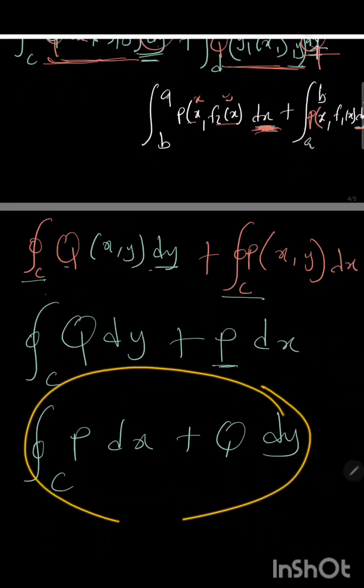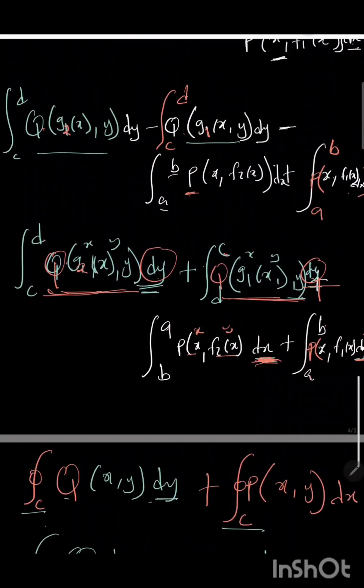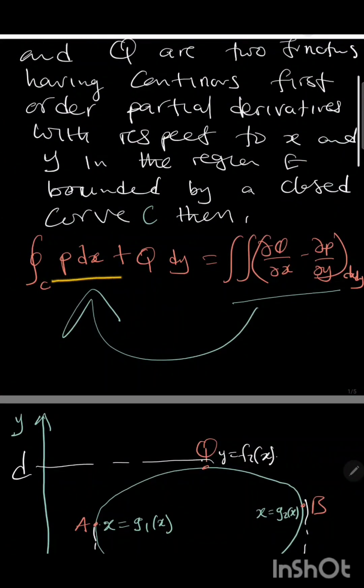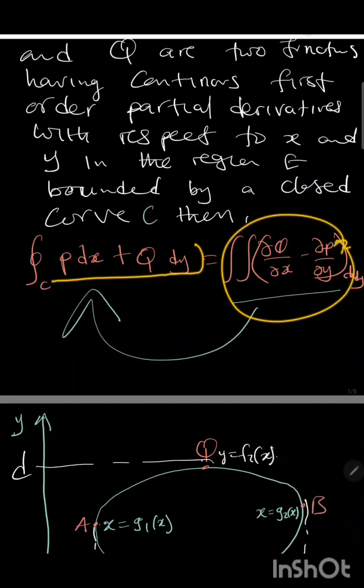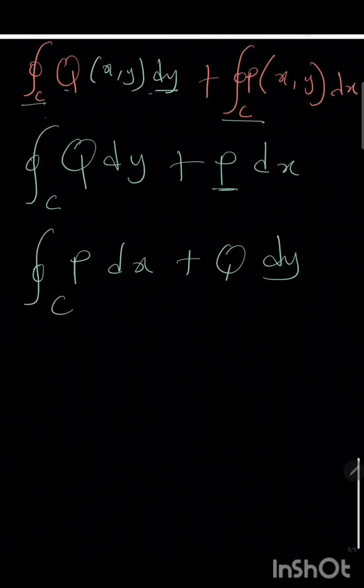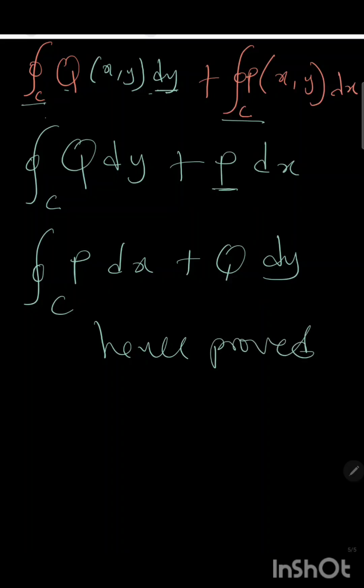So if you are to check, this means that we've proved the Green theorem that the integral of p dx plus q dy is equal to this. So we are proving that this is equal to this, and for sure this is what we've obtained here, and then therefore we say hence proved. So that's what you do when proving the Green theorem.